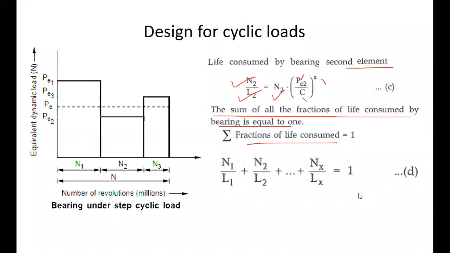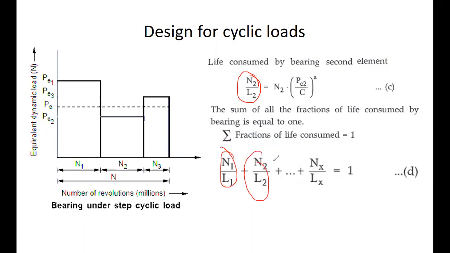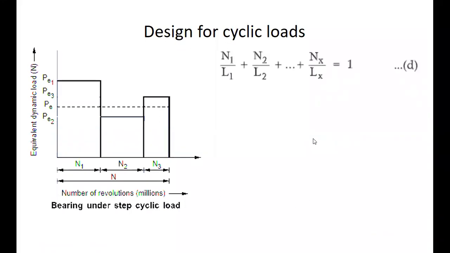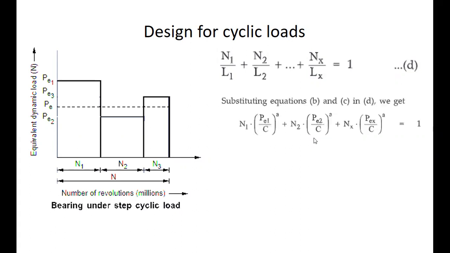Hence, N1 upon L1 plus N2 upon L2 plus N3 upon L3, and so on. I'll call this equation 1, N1 upon L1, N2 upon L2, N3 upon L3, and Nx upon Lx.